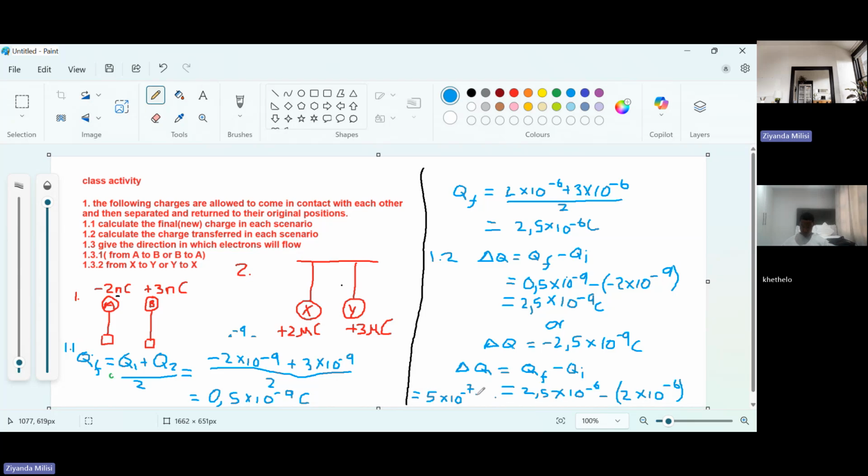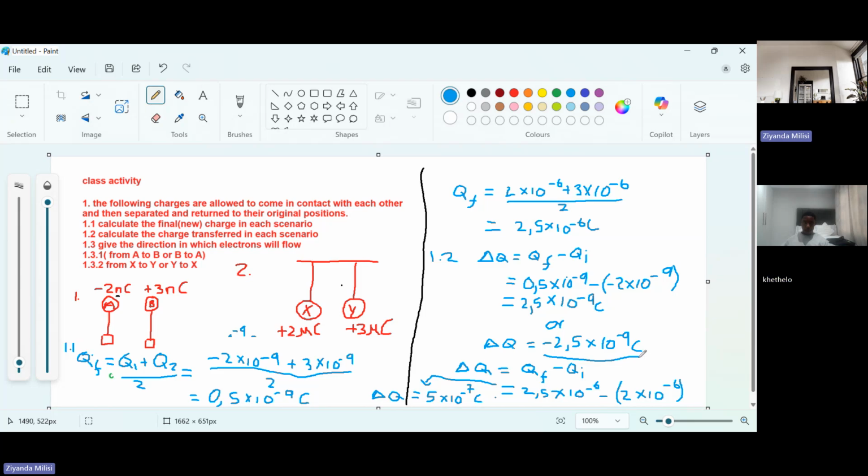So this is your change in Q for the second scenario, where there are two charges. This is the answer. I hope this is all clear. When you calculate charge transferred for the charges that have lost, it's positive. For the ones that have gained, it is negative. Can you see that?